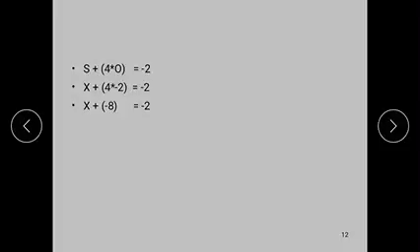X plus minus 8 equal to minus 2. Then X minus 8 equal to minus 2. Then X equal to minus 2 plus 8.